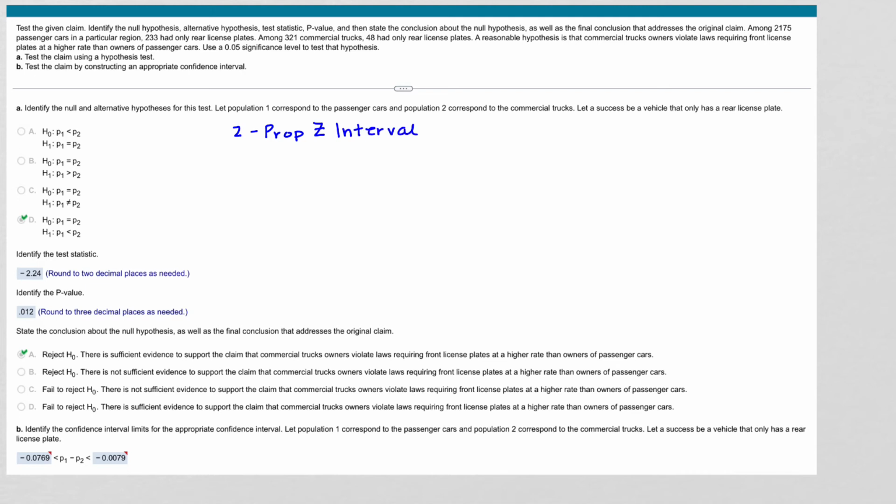You already have the sample information in your calculator, and it will keep that information. What we need to know is what confidence level to use.